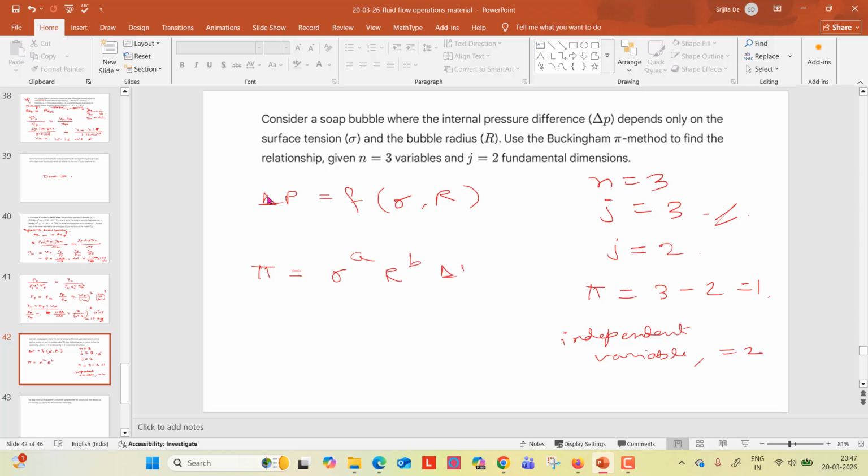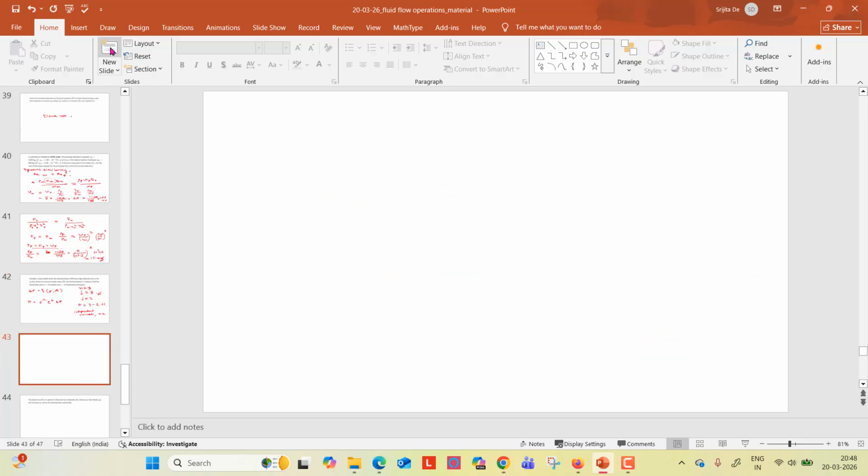Now if you summarize it from the dimensional perspective, it will be M to the power 0, L to the power 0, T to the power 0, sigma to the power a. Sigma, like we have defined it, is F by L, right? M T to the power minus 2 to the power a, then L to the power b, then pressure is force per unit area, so M L to the power minus 1 T to the power minus 2.